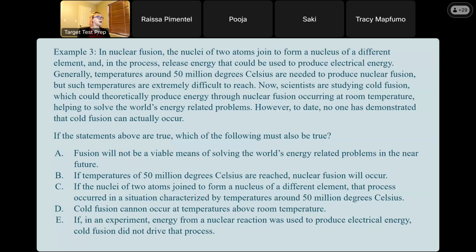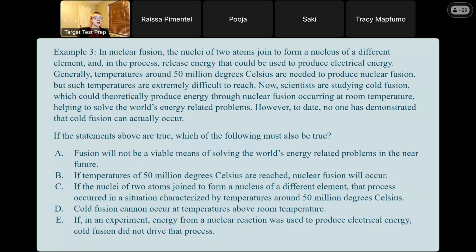That implies that perhaps that's not always the case. And also, I think that this one relies a bit on a false binary assumption, which is to say, we are given these two situations. Nuclear fusion at 50 million degrees Celsius, or they're looking at cold fusion, which happens at room temperature.